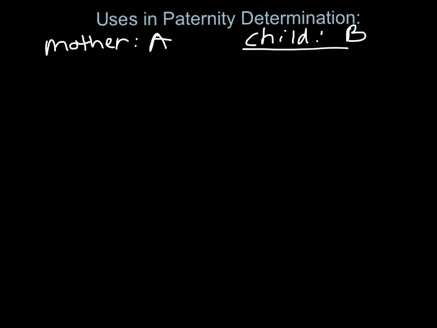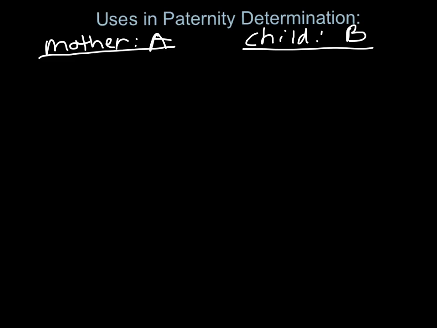So working with blood type is also very important in paternity cases. This is how you can determine if someone is the father of a child or not. So let's use an example. If the mother is type A and the child is type B. This is the information you're given.